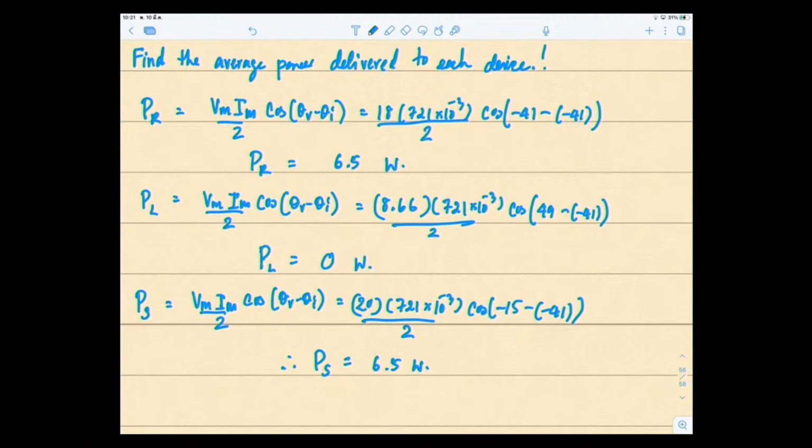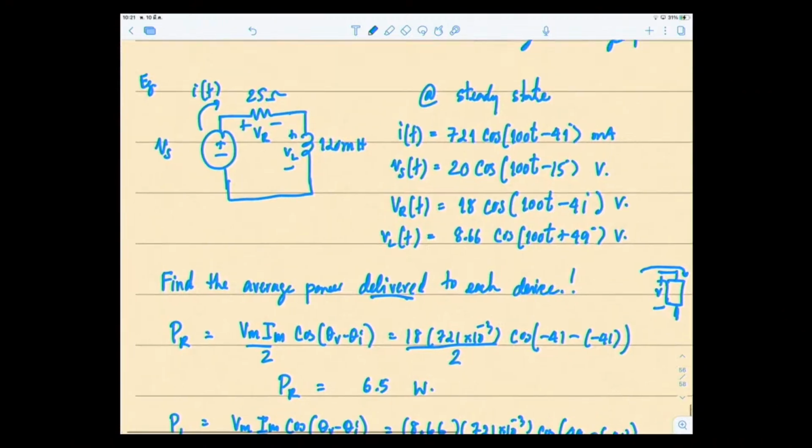However, if you look at the question, it asks for the average power delivered to the device. Delivered to the device means that the current goes into the positive side of the terminal of the voltage drop. But if you look at the current direction for the source, the current enters the negative.